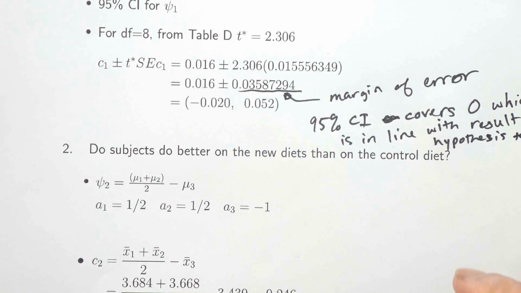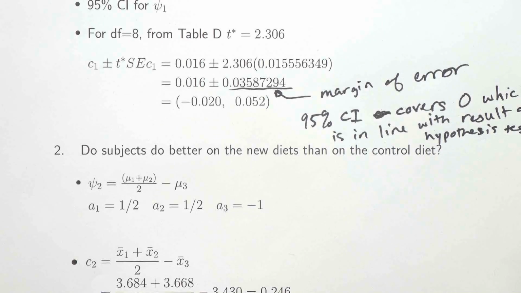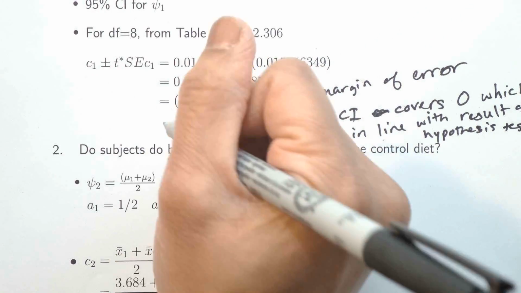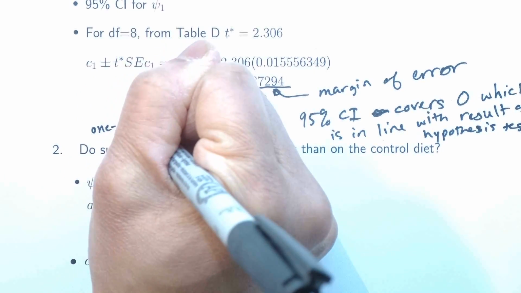Okay, so what about another type of question? If diets D1 and D2 are not statistically significantly different, then we might be interested in knowing, well, even if they're not different from each other, are they different from the control? And in particular, are they better than the control? So here we have "better." This is indicative of doing a one-sided test.